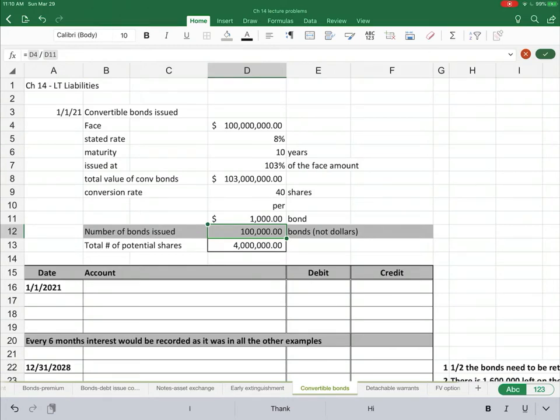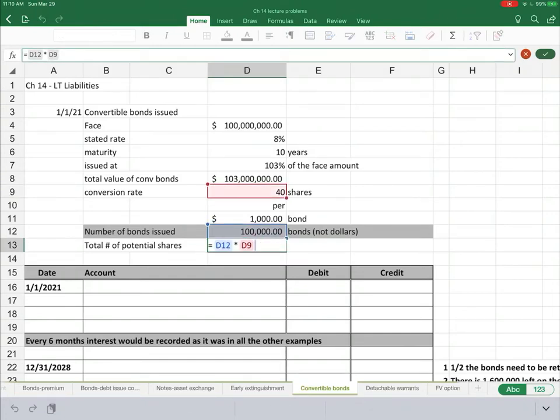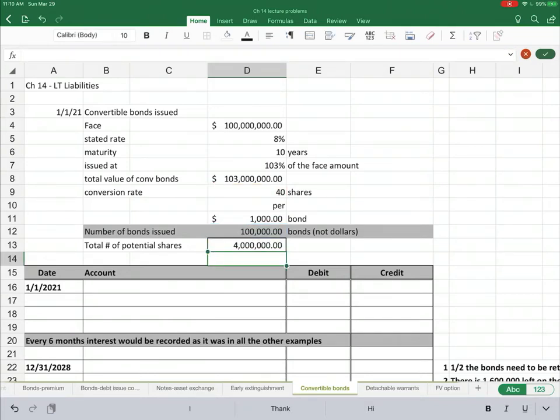And then the conversion ratio says that each one bond can be converted into 40 shares of common stock. So how many potential shares of common stock would be outstanding if every single one of those bondholders converted their bonds into common shares? 100,000 bonds times 40 shares gives us the potential of 4 million shares becoming outstanding.